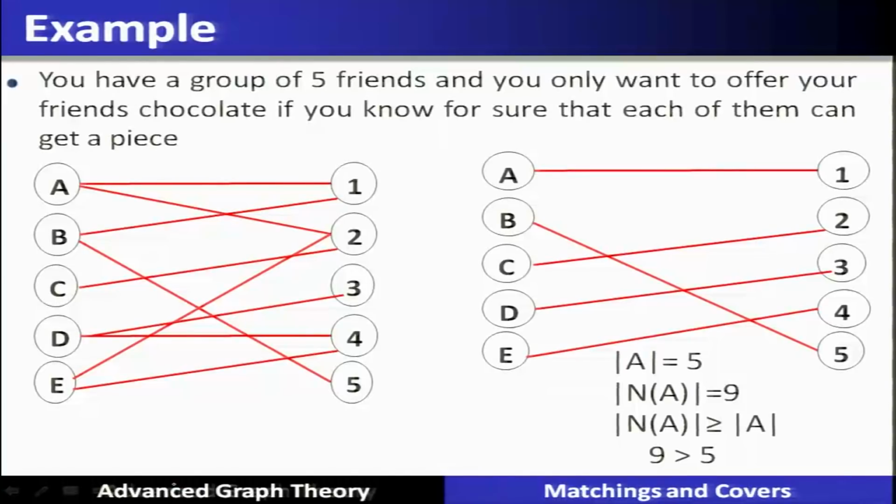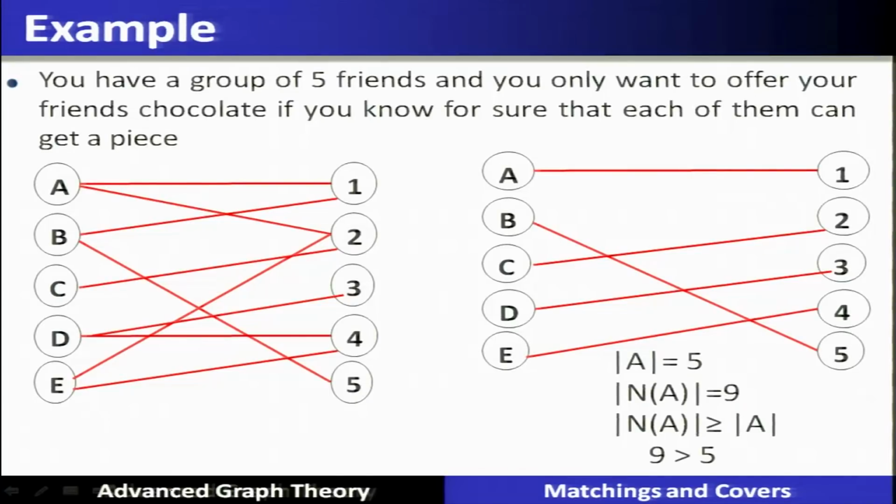In this example, you have a group of 5 friends and 5 different types of chocolates which you want to offer to your friends, and their preferences are shown on the left side of the graph, mentioned in the red color.